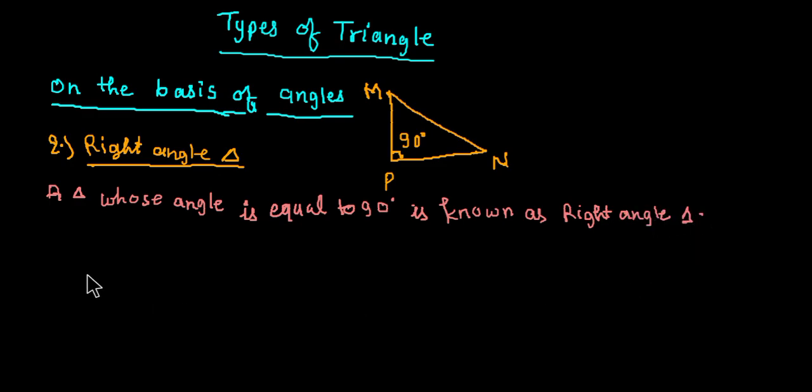A triangle whose one angle is equal to 90 degrees is known as a right angle triangle.